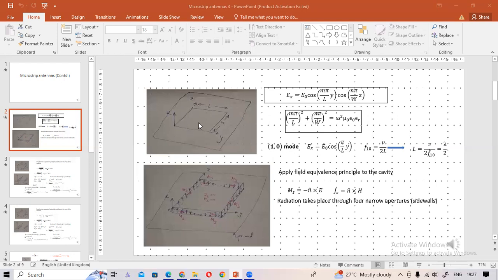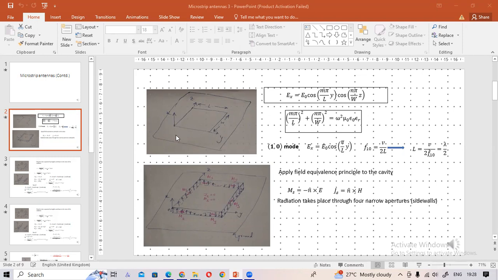So you can see that the microstrip antenna is shown here. It has a length and a width. The width is in the Z direction, and the length is marked on the Y direction.